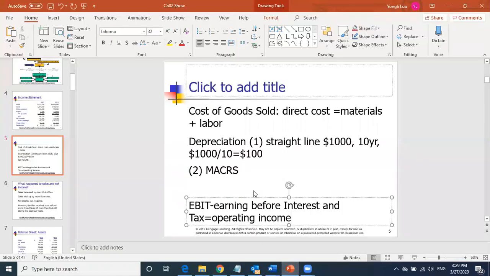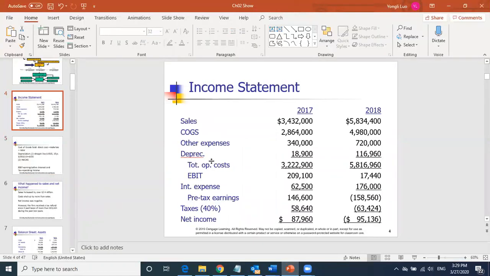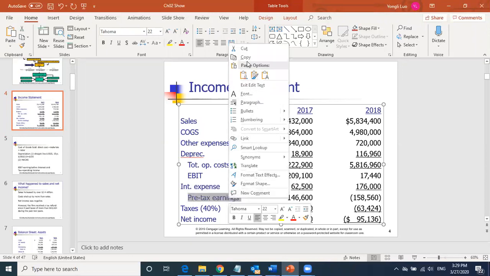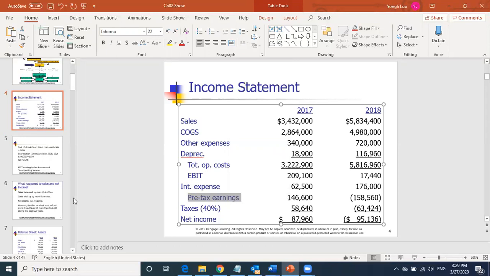And then you exclude your interest expenses. That's called pre-tax earnings. Pre-tax earnings is earnings before tax.